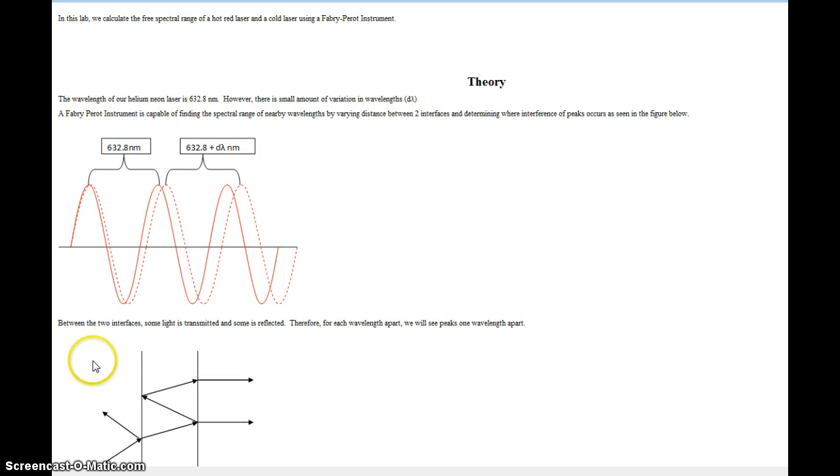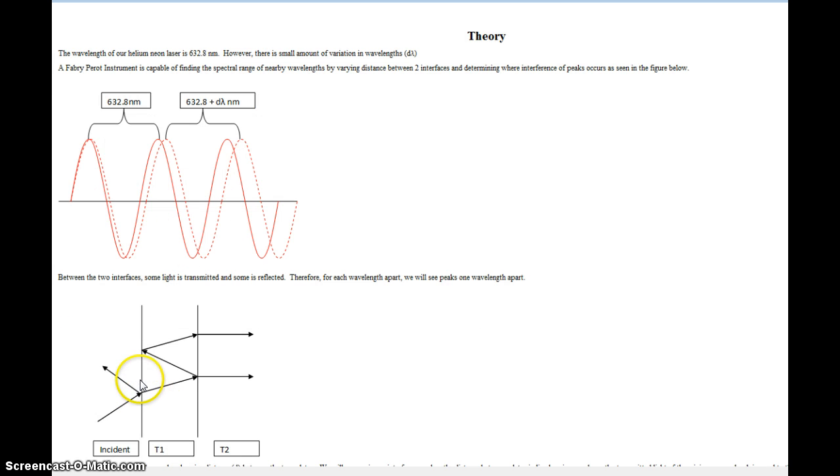However, in the Fabry Perot device, I believe it's silver, so we're using silver that we're transmitting the light through, and then it bounces. Some is going to bounce right back off, angle in equals angle out, as I was reminded in my oral. Some will do that immediately, but some is going to go through, and then some is going to go right through again.